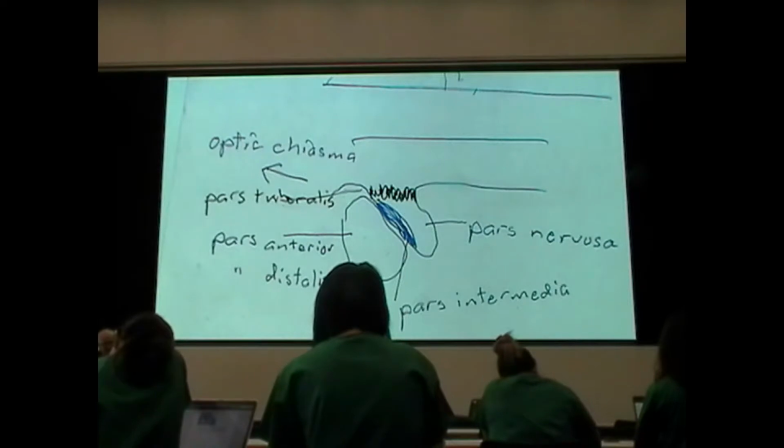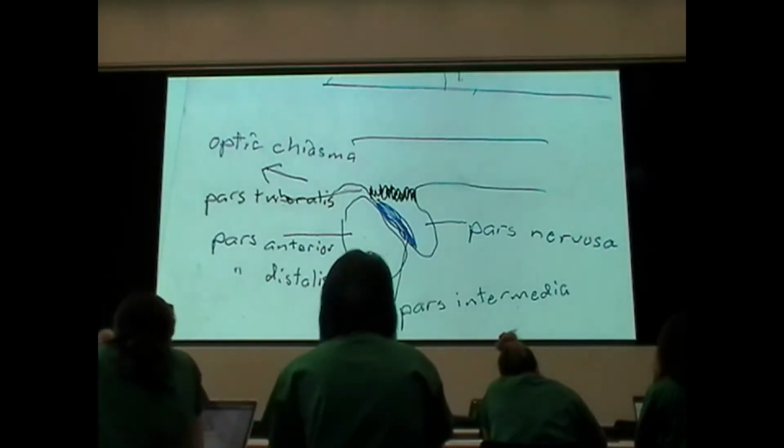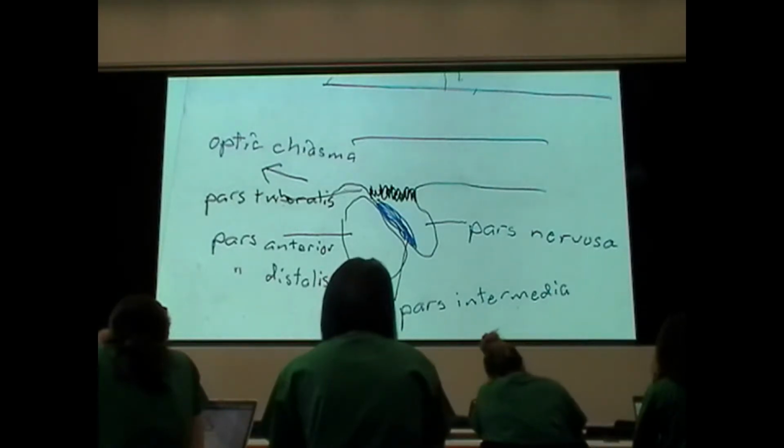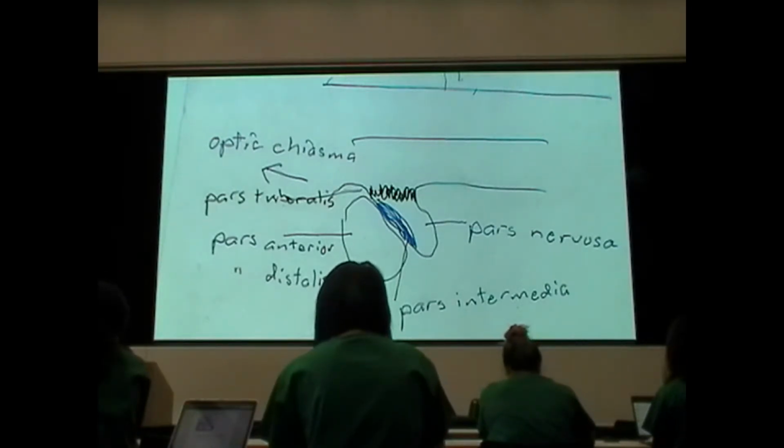Now we now know that the pars anterior produces about 7 different kinds of hormones. And each of these hormones is produced by a different kind of cell. Back in the old days, histologists were very much concerned as to which cell makes which hormone.